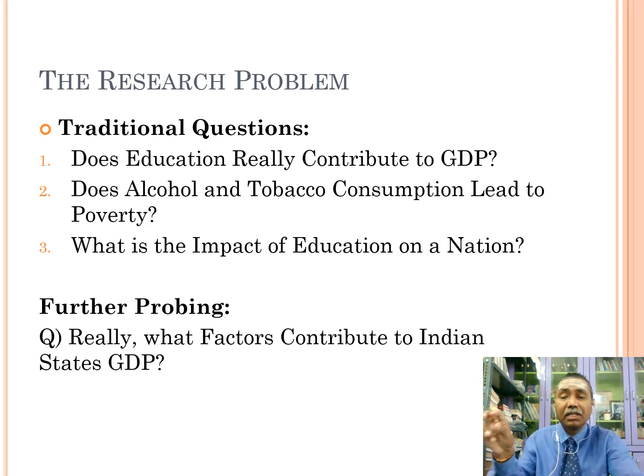That means, I thought, if you have fewer alcohol and tobacco consumers, is it contributing to GDP? Is there any relationship between alcohol and tobacco consumption and GDP? That means if you have more of them, you will have less GDP. Is it like that? So then I got a question: what can we prove with respect to data points?